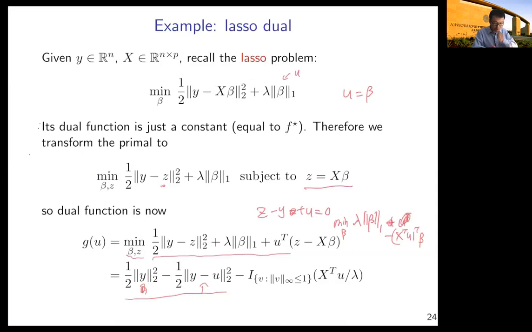What is this again? This is a Fenchel conjugate. So we can take the Fenchel conjugate of the norm, which is the indicator function on its dual norm, and then plug in x transpose u over lambda. Then we get an indicator function as part of the dual problem that we want to maximize.